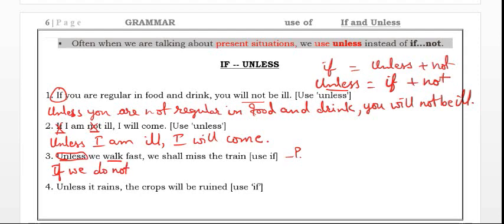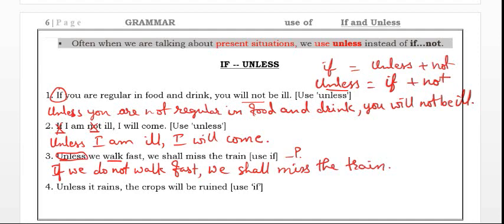If we do not walk fast, we shall miss the train.